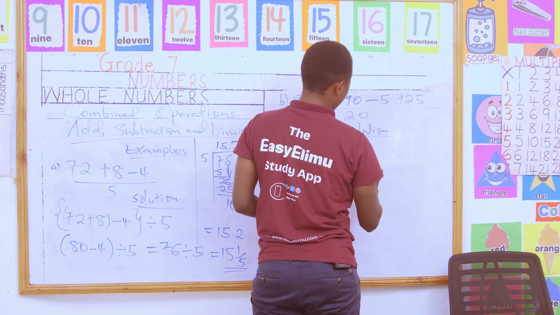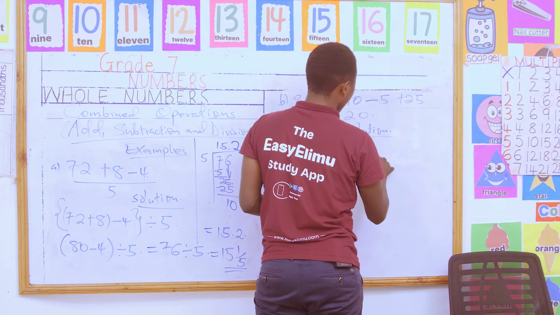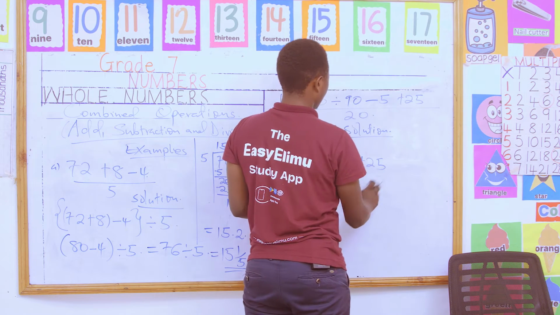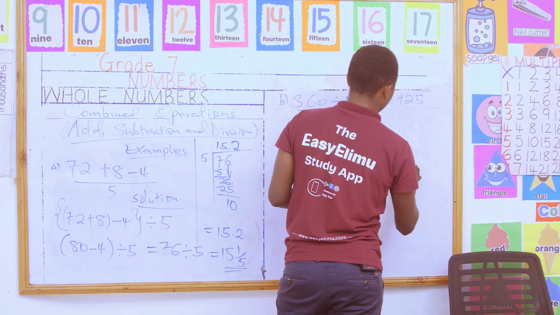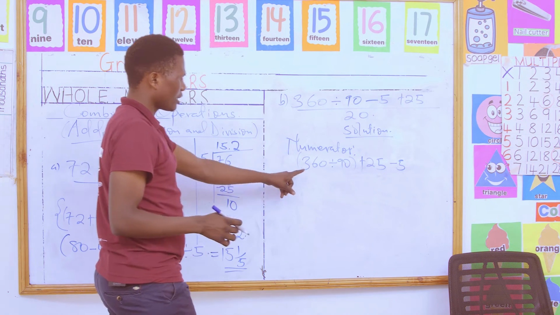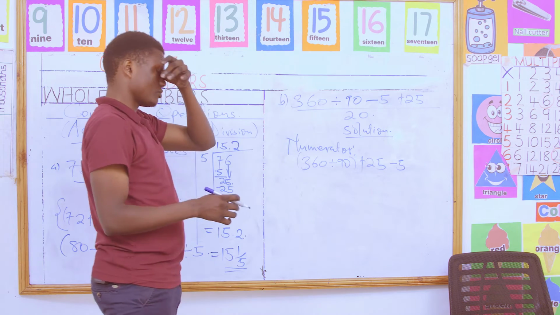Then you add 25. I am arranging them according to BODMAS. Then eventually you subtract 5. So here, if you divide 360, what do you get?